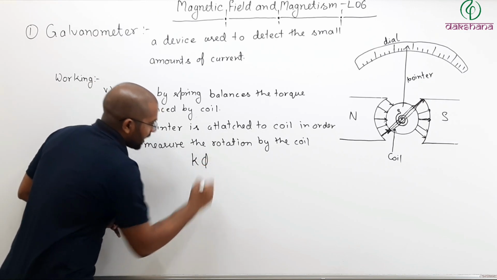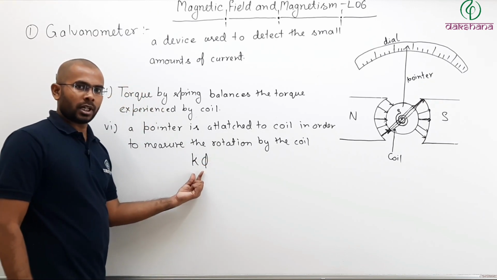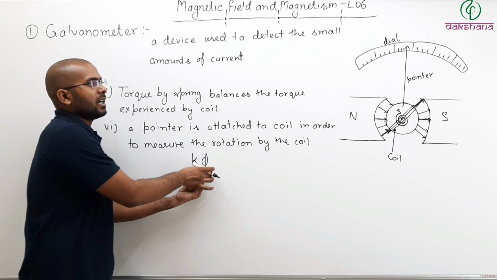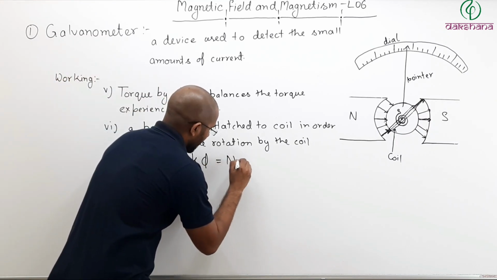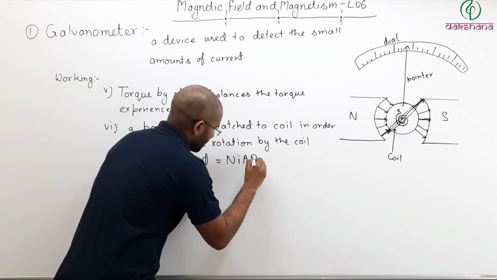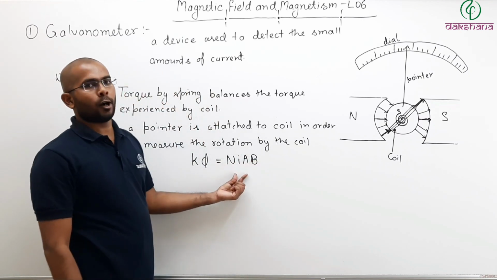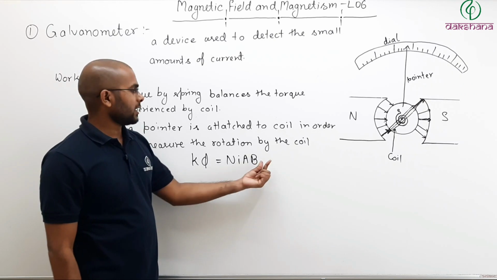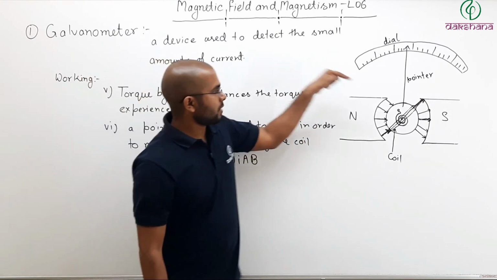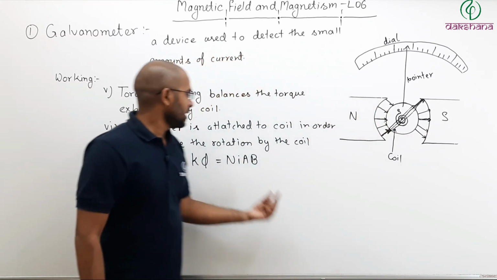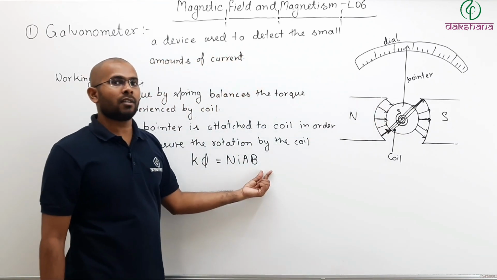K times phi is the restoring torque, where phi is the angle rotated by the coil, which is equal to NIAB. Here why is it always NIAB? Why not sine theta here? That we have already discussed. Because of the radial magnetic field, theta is always 90.